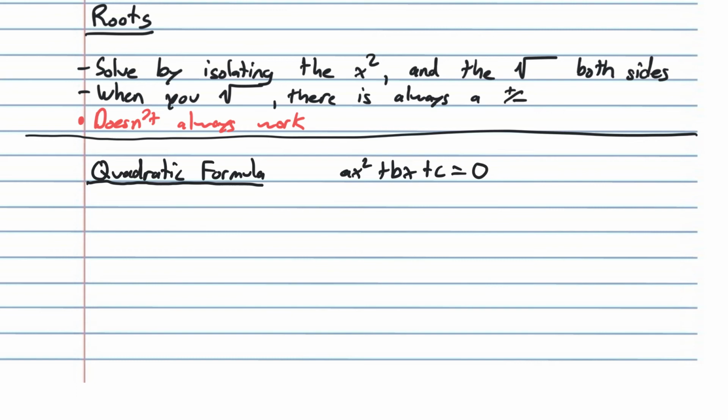So we have to know what a, b, and c are. And then we use this formula, which again, you don't have to memorize. I'll give it to you on any kind of test or quiz. It's negative b plus or minus square root b squared minus 4ac all over 2a, okay? And the idea is that we're taking our a, our b, and our c, and we're just plugging them into the formula.